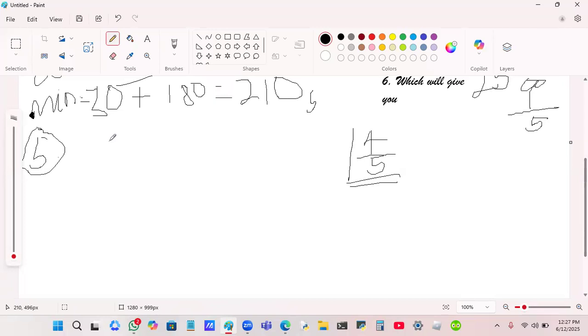So to find the interest, you do P times T times R, which is also 5,000 times 2 times 5.